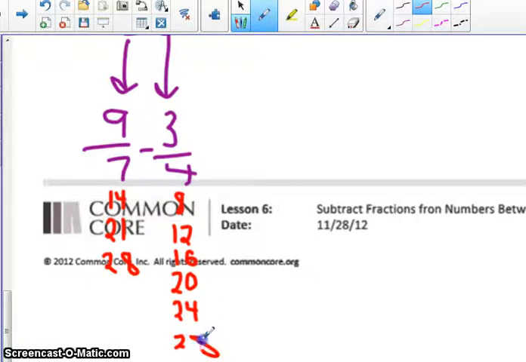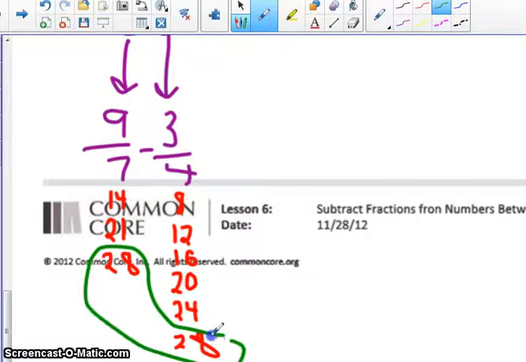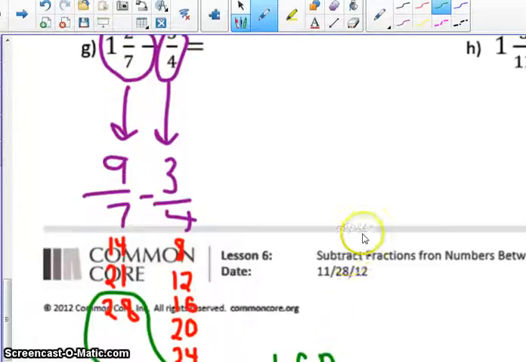It might take a couple minutes, but it's really easy to just count by the same number. Okay, so I've got 28. 28 is our least common denominator, LCD.